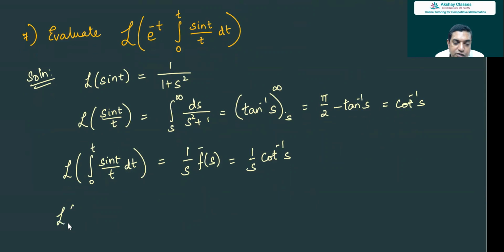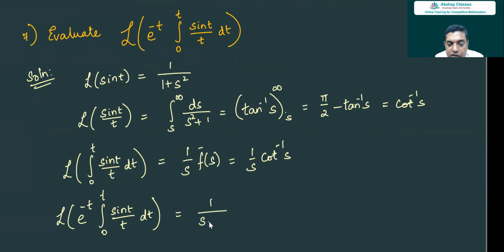After that, for the Laplace transform of e power minus t times this, we have to use the shifting property. We have to replace s by s minus a. Now a is minus 1 here, so minus of minus 1 becomes plus 1. So you get s plus 1 cot inverse s plus 1. So this is the solution.